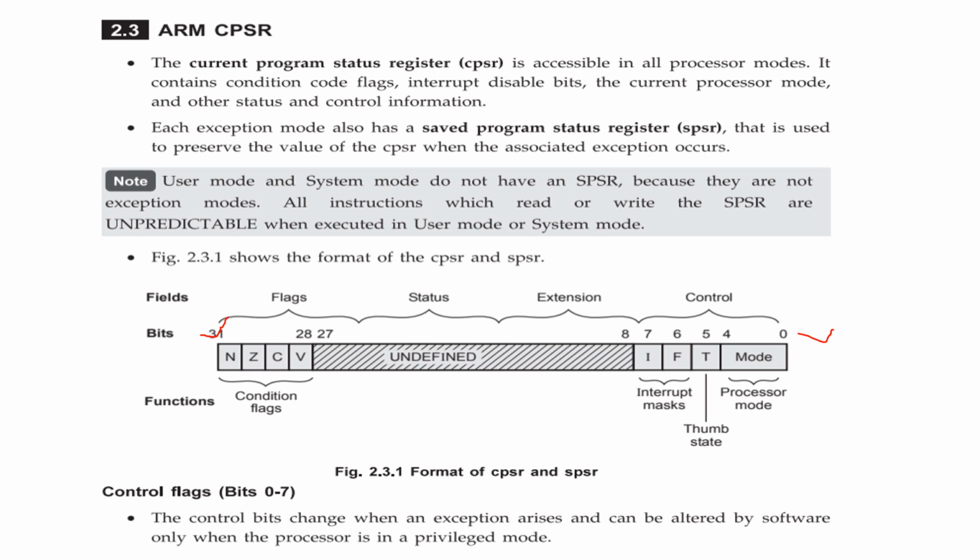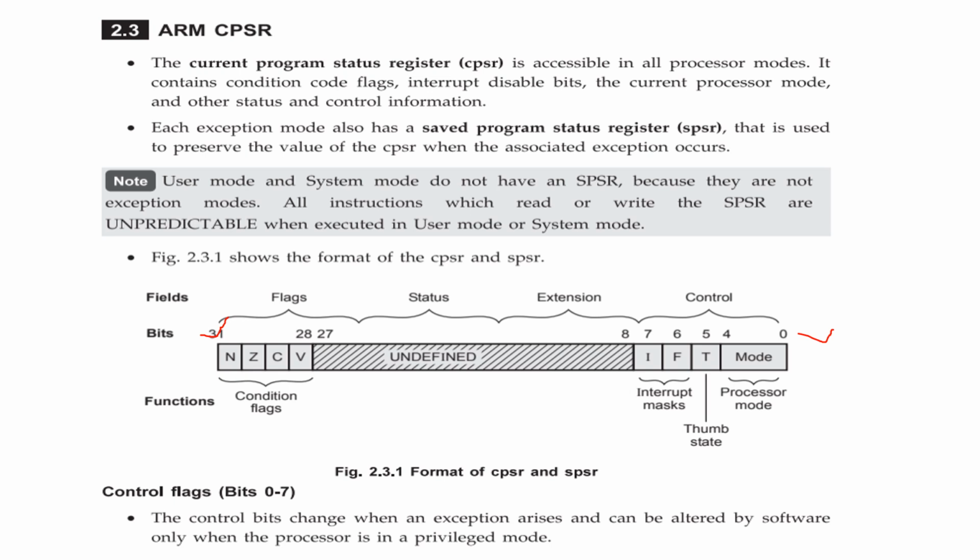Those are V, C, Z, N, or in the reverse order, NZCV, where V defines the overflow condition, C defines a carry, Z defines zero, and N defines negative. Please do not forget this. NZCV defines the condition flags.